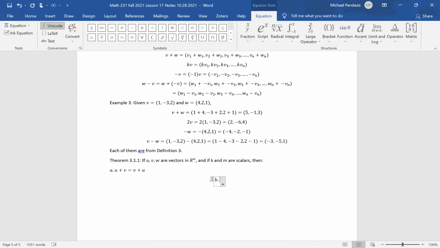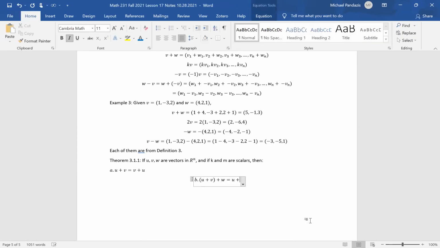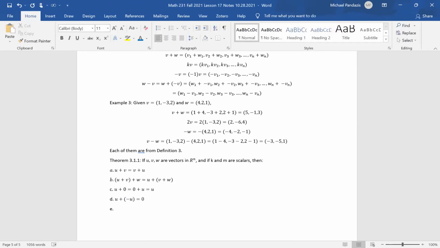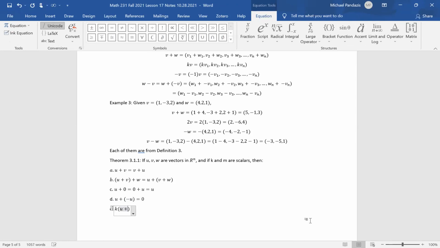B, u plus v plus w is equal to u plus v plus w, grouped. C, u plus 0 is equal to 0 plus u, which equals u. D, u plus negative u is equal to 0. E, k times u plus v is equal to ku plus kv.